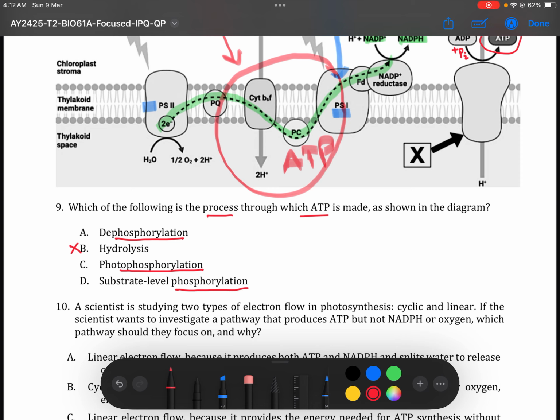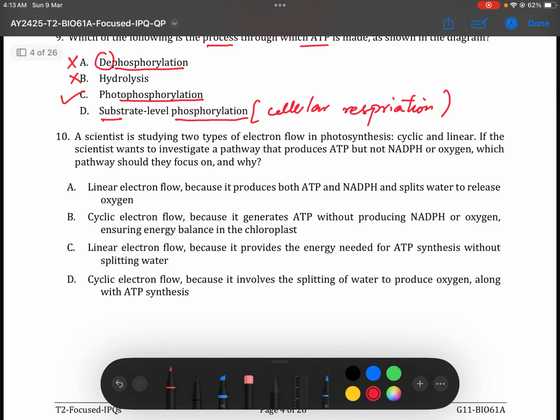It is either A, but A says dephosphorylation, meaning removal of the phosphate. No. C says photophosphorylation. Yes, that is photosynthesis. While substrate level phosphorylation, we studied in the cellular respiration process, that is glycolysis, pyruvate oxidation and the Krebs cycle. So this is cellular respiration, that's the substrate level phosphorylation.